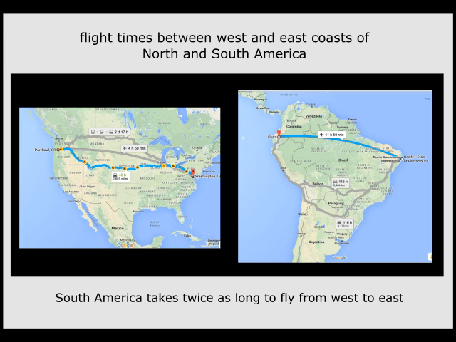How can this be? We have been told that they are, well, maybe at least similar in size. How does it take twice as long to fly from one to the other? Now, to confirm this, I did look into some flight centres and I looked at the times it took to fly.